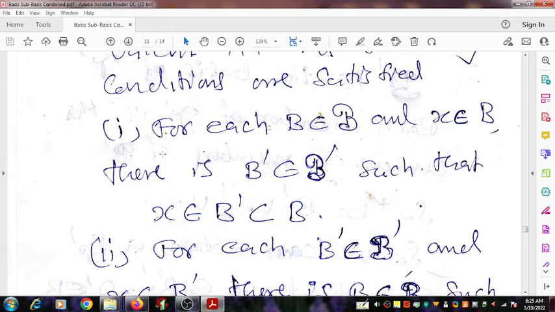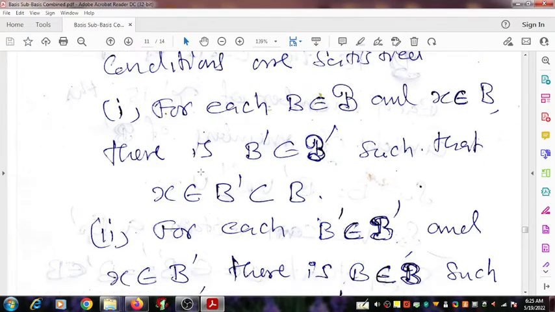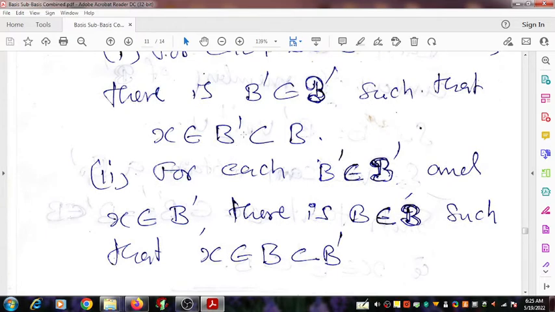For each B in script B, the first basis, and each element x in that member, there must exist a member B prime in the second basis script B prime such that x is an element of B prime, and B prime is a subset of B.